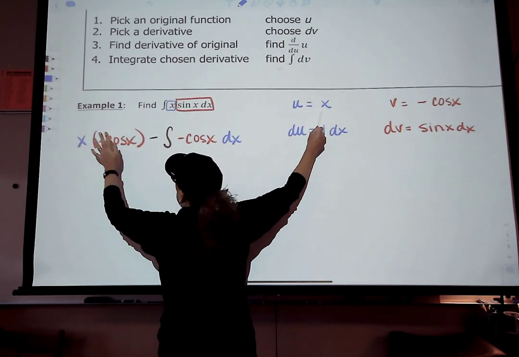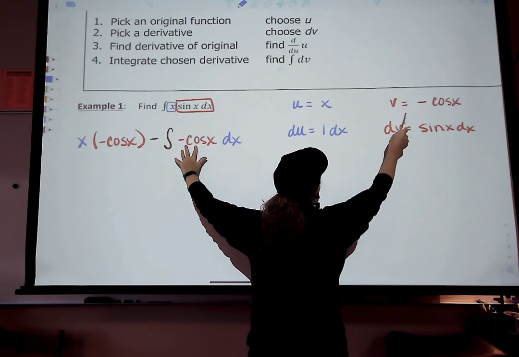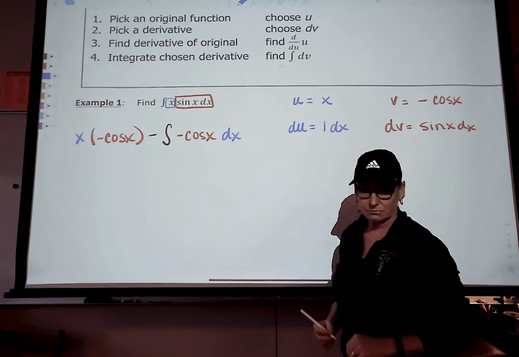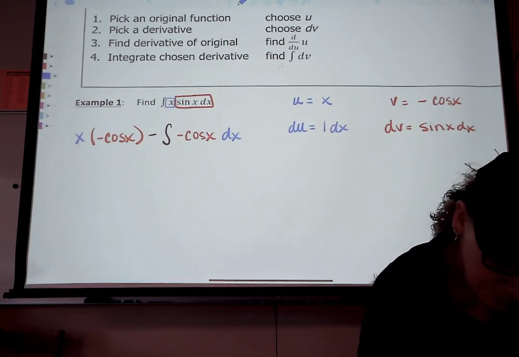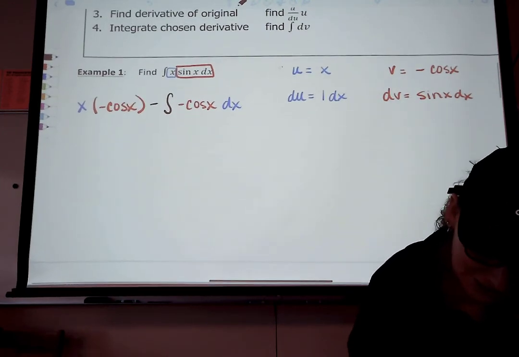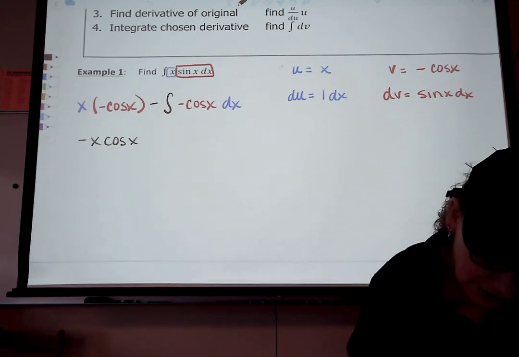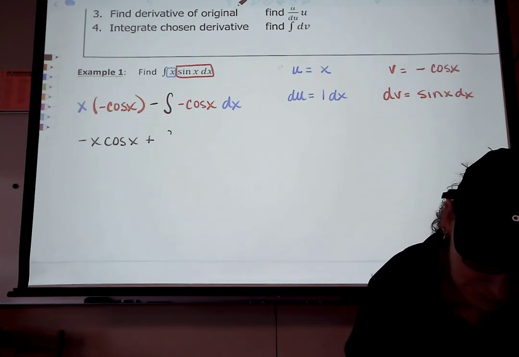Original times original minus the integral of v du. There's a lot of negatives in there. You might want to simplify first. So x cosine x, maybe plus.